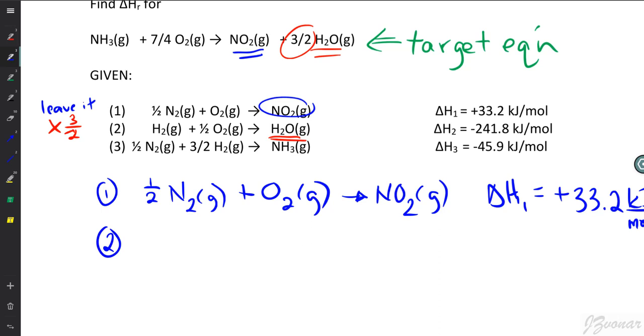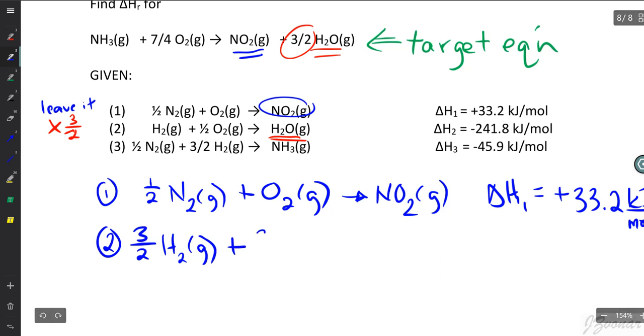Okay, so I'm going to put 3 over 2 H2, and now I'm multiplying 3 over 2 times a quarter, which is going to give me 3 over 4 oxygens. All right, does everybody see that? So 3 over 2 times a half is 3 times 1 is 3, 2 times 2 is 4. That's how I got the 3 over 4.